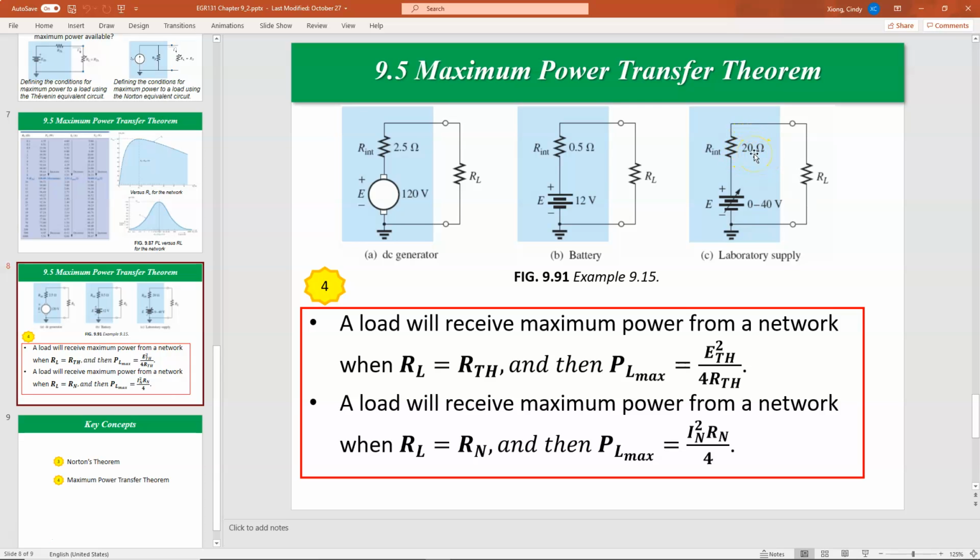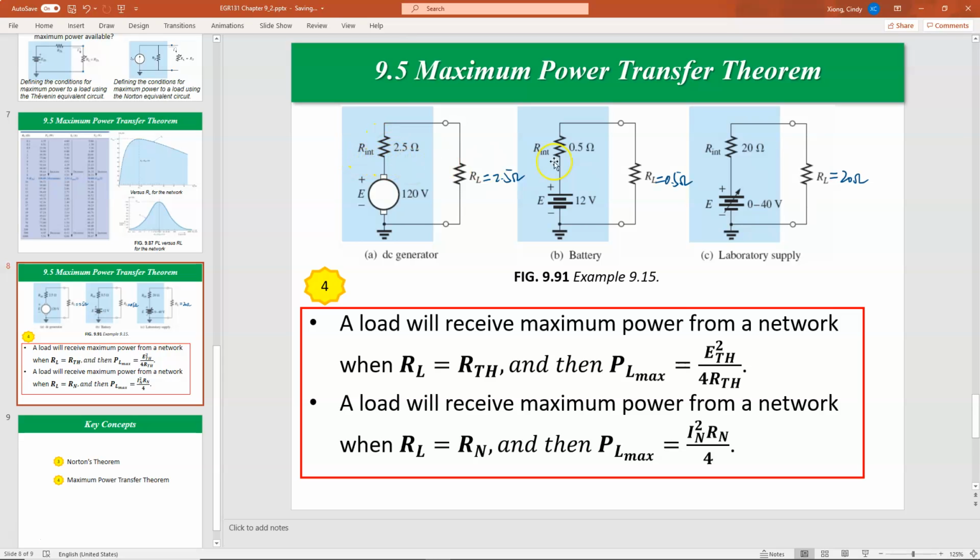So for these three examples, you need to know how to achieve the maximum power. You need to make RL equal to RINT: 2.5 ohm for the first, 0.5 ohm for the second, and 20 ohm for the third. You could think you already have the Thevenin equivalent circuit: one power source in series with one resistor.